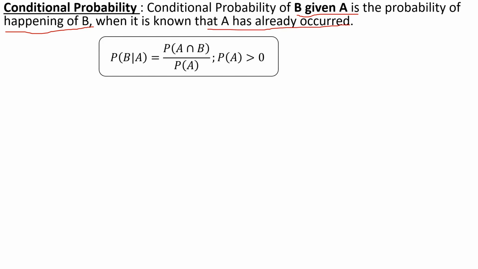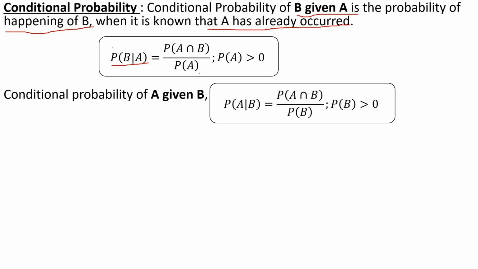The formula is given by the conditional probability of B given A: probability of A intersection B divided by probability of A, where probability of A should be greater than 0. Similarly, the conditional probability of A given B is probability of A intersection B divided by probability of B, provided probability of B is greater than 0.